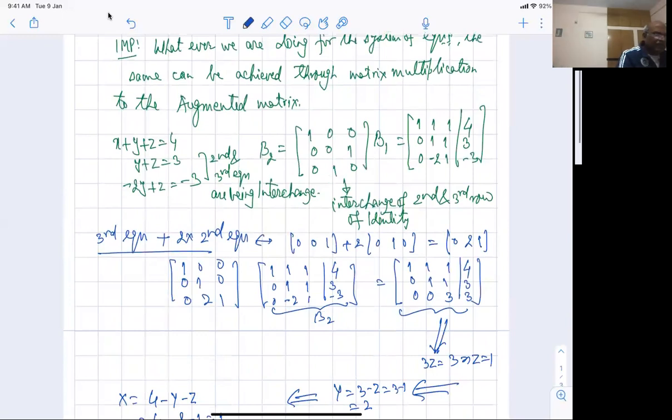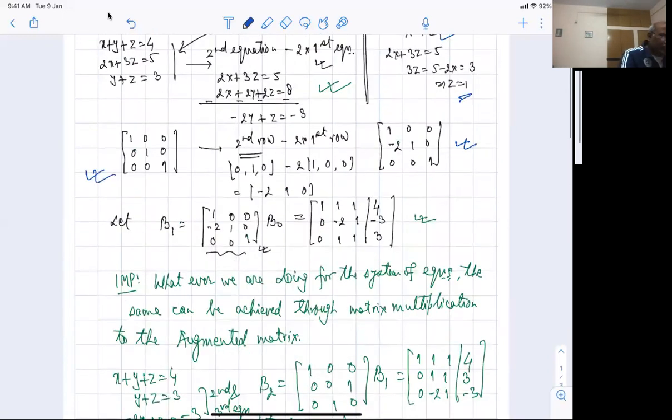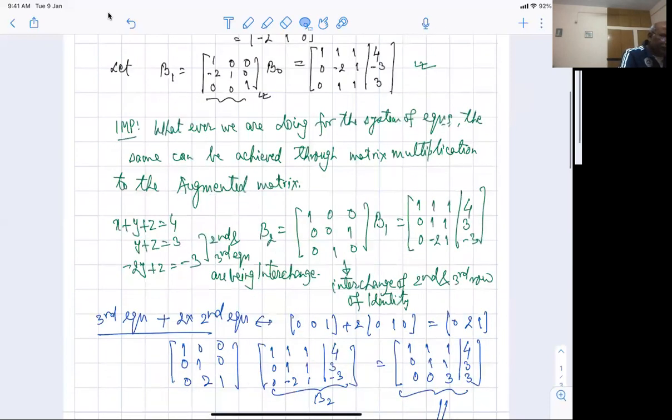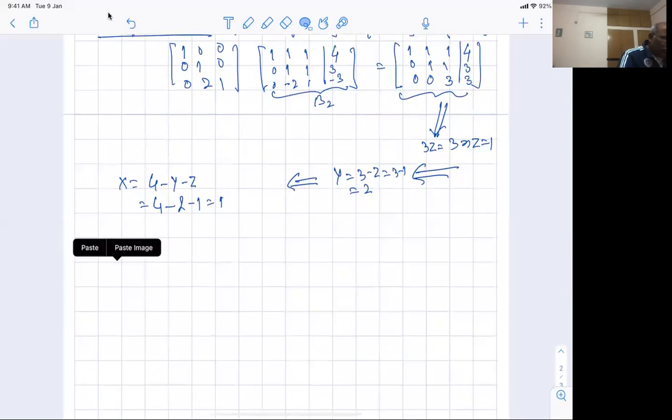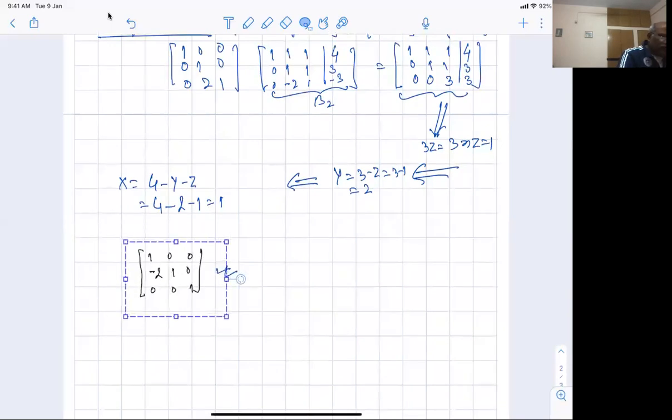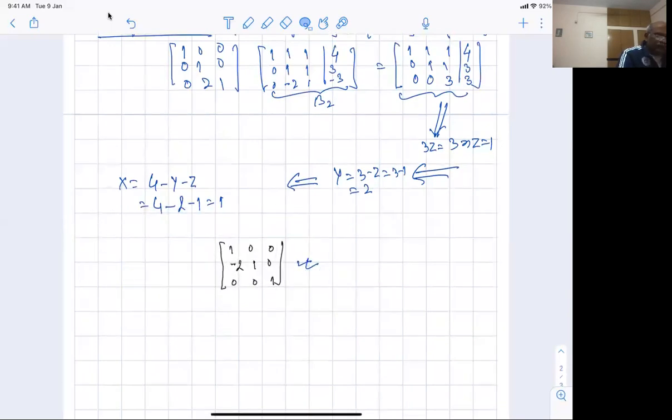I would like to understand these matrices. So what are these matrices? Let's copy it and try to understand it. So my first matrix was this. Copy, paste. All right. So what I would like you to understand is that this is -2 and things like that.